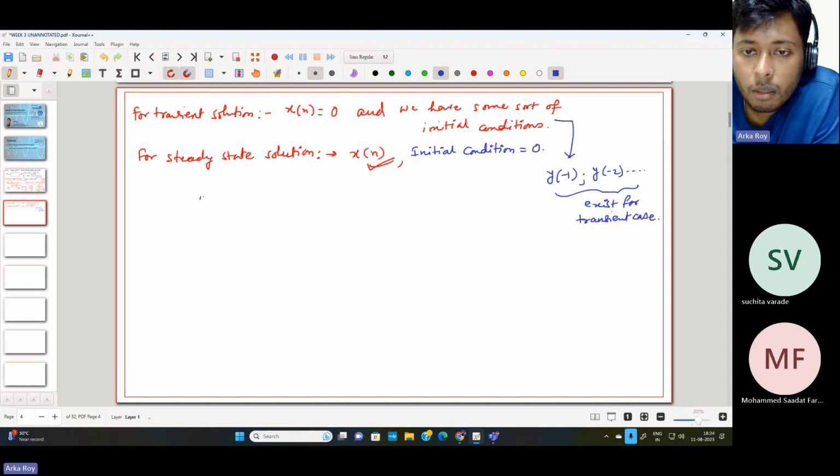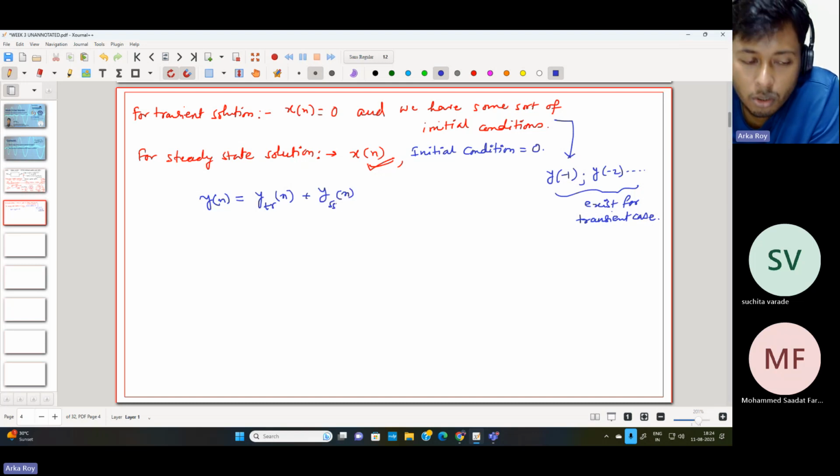So any difference equation y of n will have two parts of solution, y_tr of n, that is the transient solution, and y_ss of n, that is the steady state solution. And how we have to solve the equation, that I have already told.